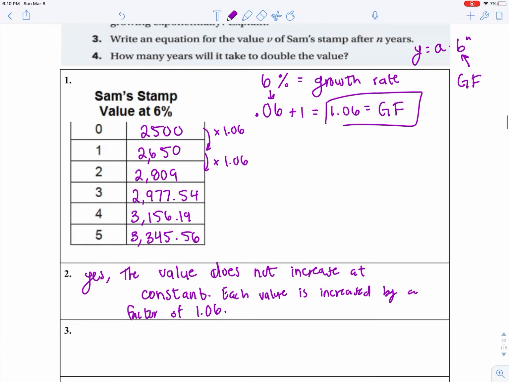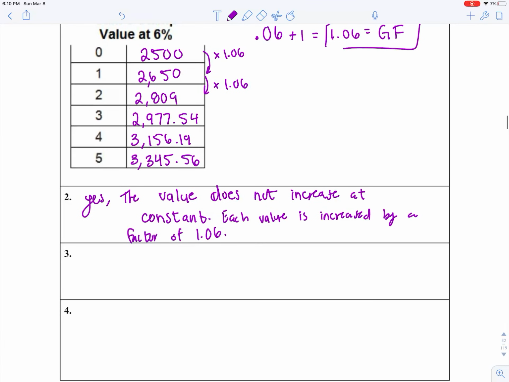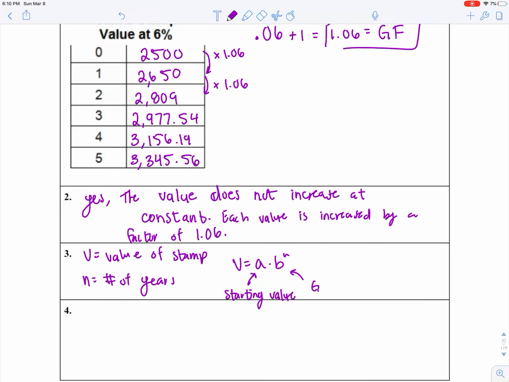Question number 3, it says write an equation for the value v of Sam's stamp after n years. So v equals value of stamp, so defining our variables here, and n equals the number of years. We're going to use the equation v equals a times b to the n power. In this case, the a, remember, that is your starting value or your initial value, whereas b is your growth factor.